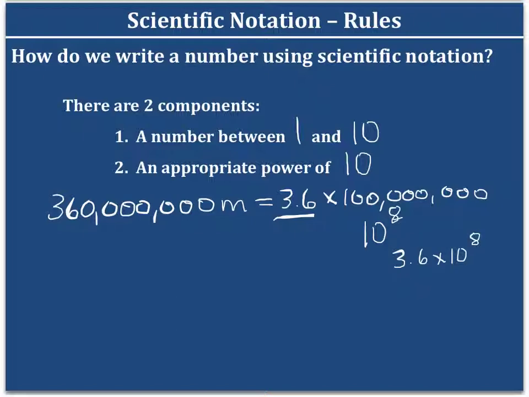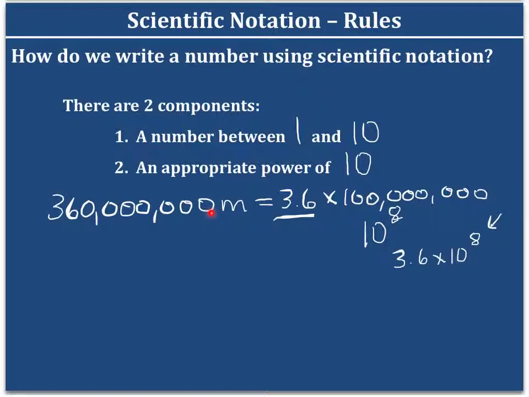Now another way to get this 8 is to count how many times you need to move a decimal point. So what you should do is look in your number and find a decimal point. Now this number doesn't have one, so we're just going to pretend it's right here. So we want to move this decimal place in order to get a number between 1 and 10.